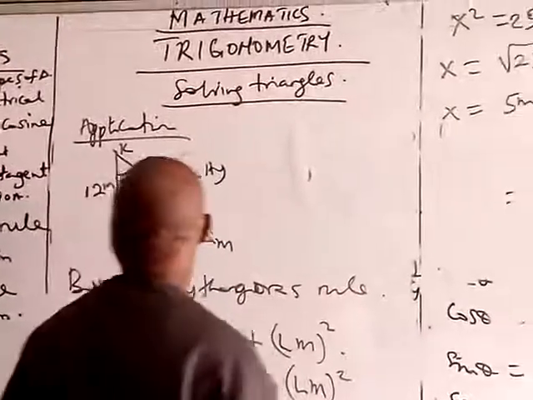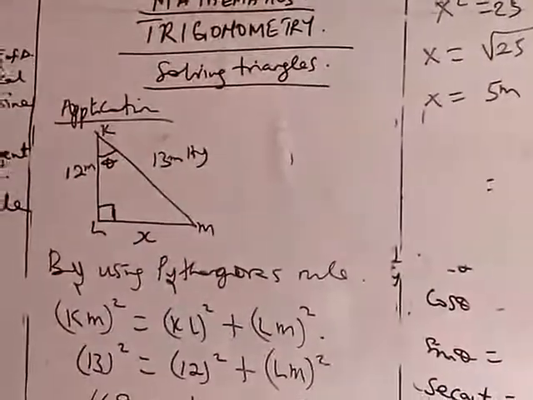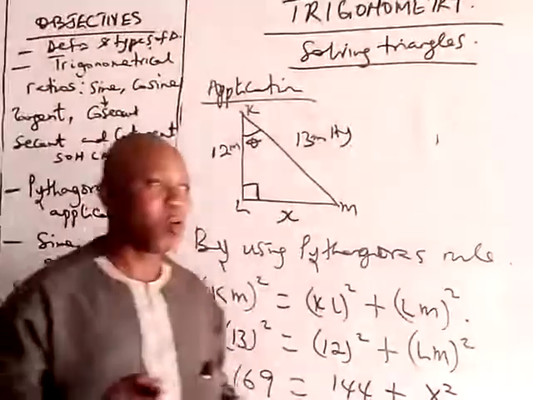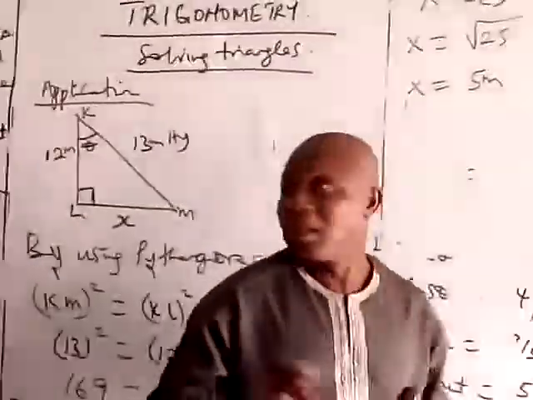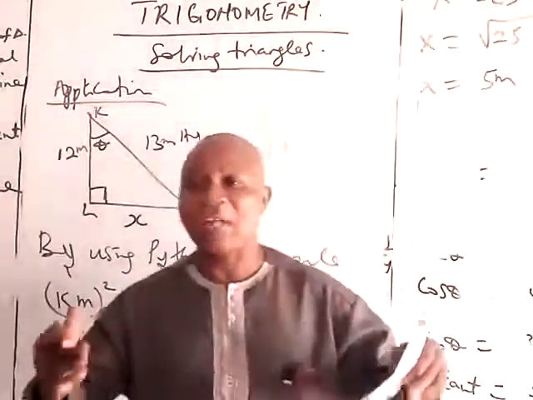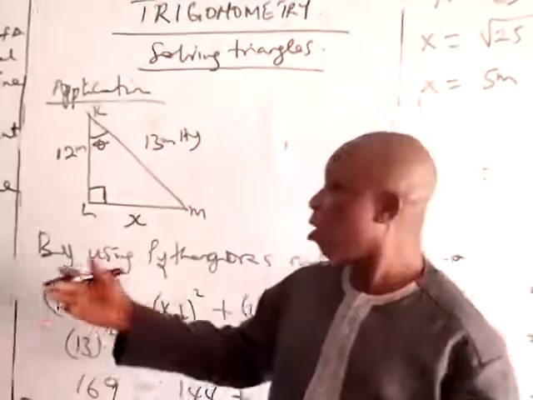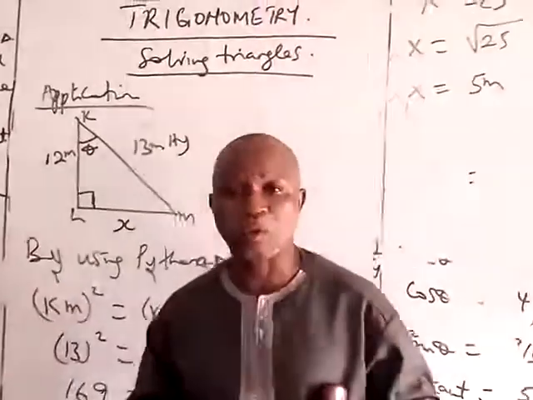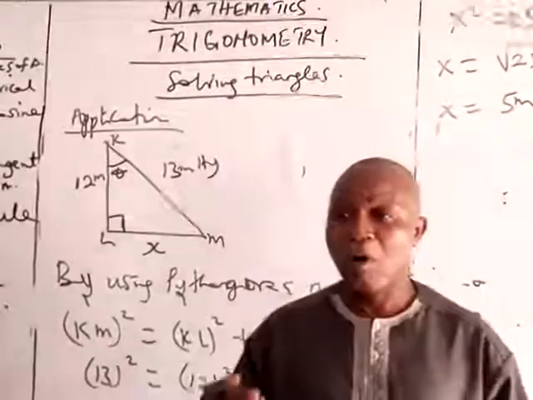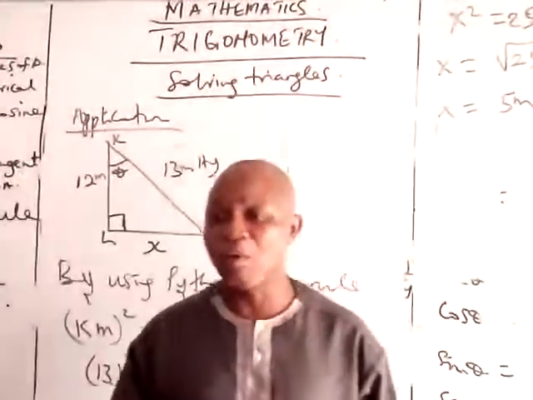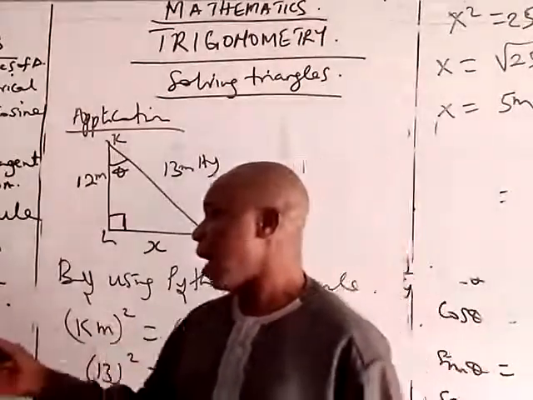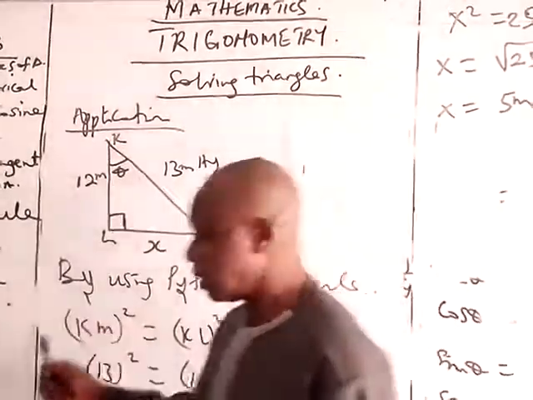That will now allow us to move on to the sine rule. I said earlier on, when we are dealing with solving triangles, the right angle triangle is meant for the Pythagoras rule. We have other types of triangle, obtuse angle, acute angle, where we are going to use the sine rule.